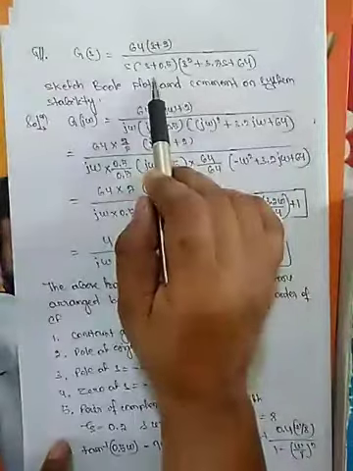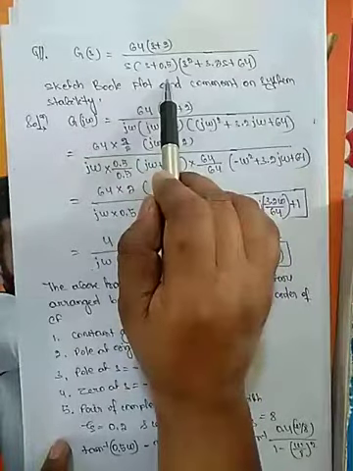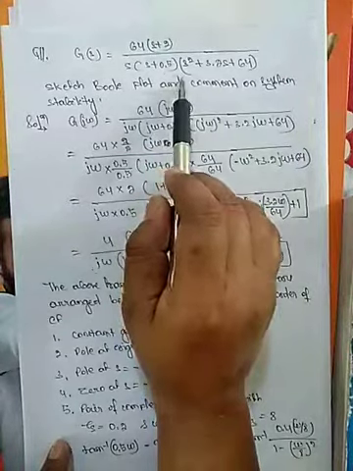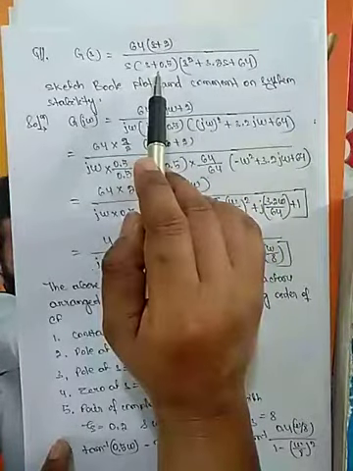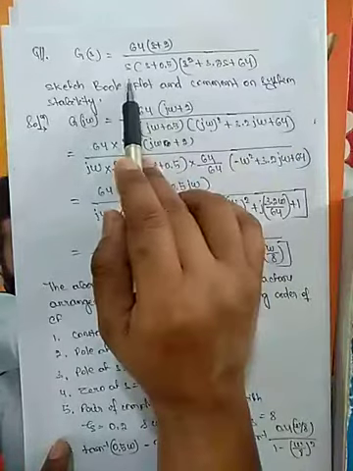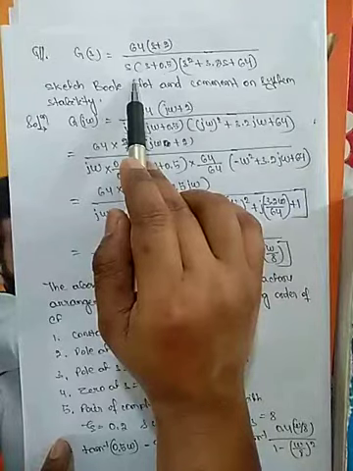As it is a type 1 system, the initial slope is minus 20 dB per decade. Previously we discussed what is the initial slope for different types of system. As it is a type 1, the initial slope is minus 20.